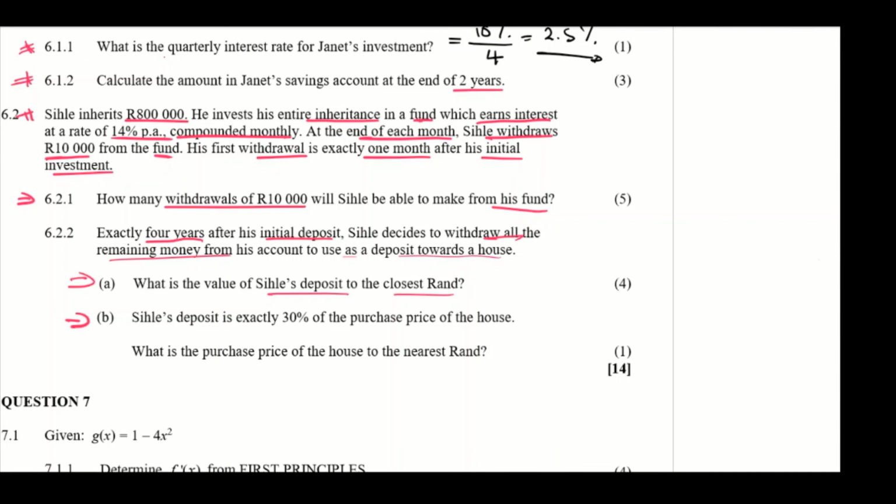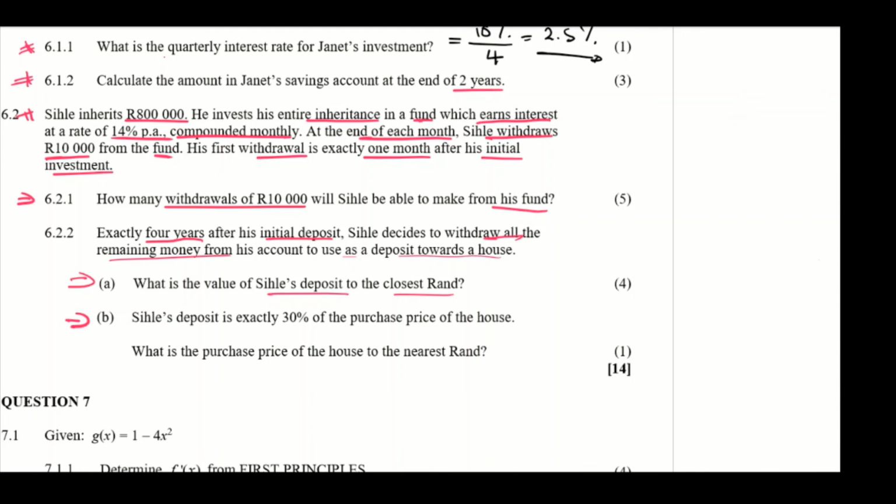And we did calculate that amount, which we found to be 757,428.1749, right? So this was the amount that he was going to use to deposit for the house.